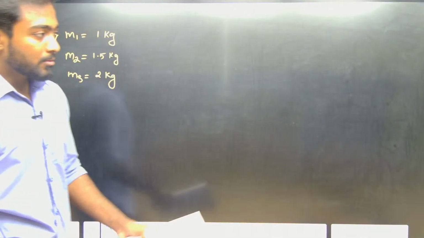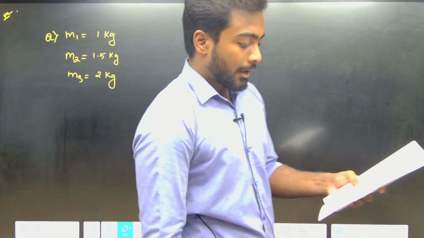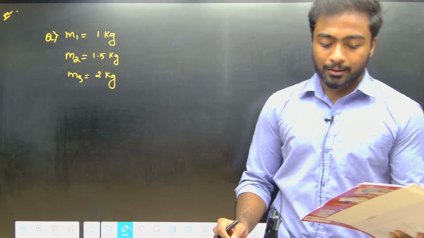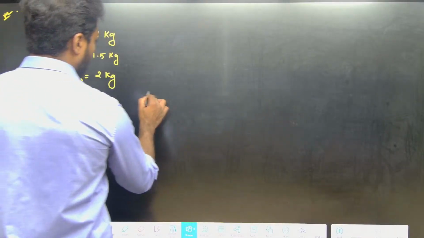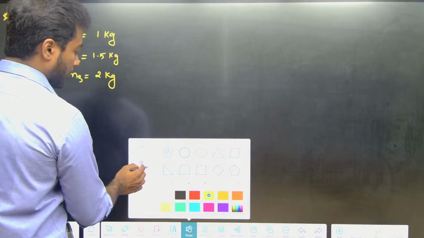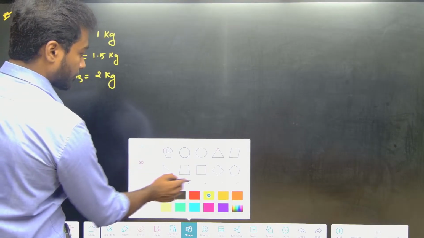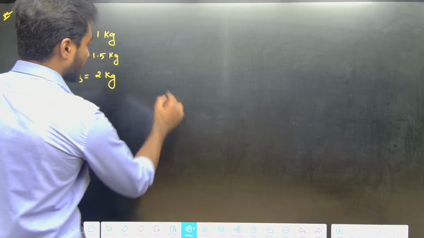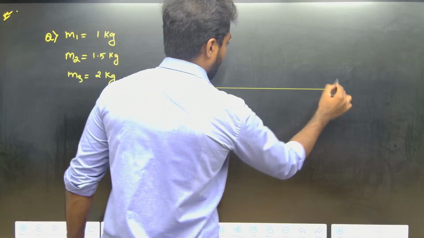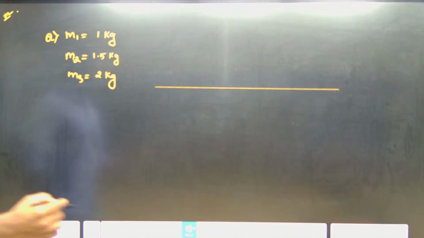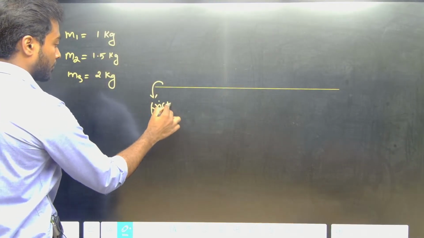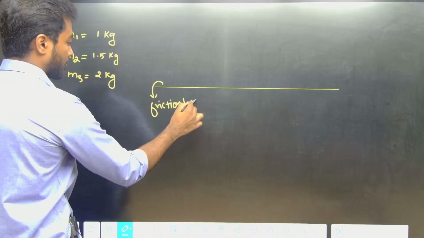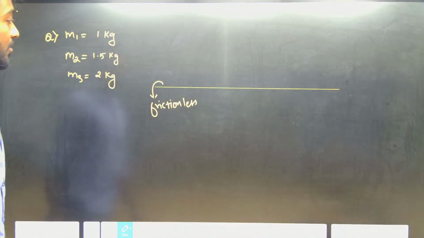These masses are in contact with each other on a frictionless surface, which means they are told that the surface is frictionless.